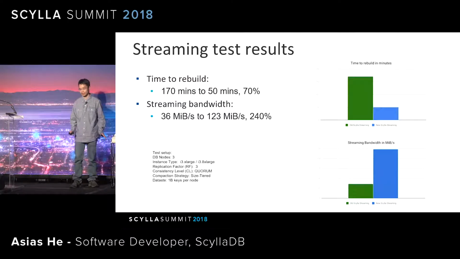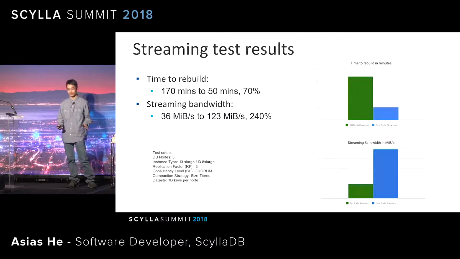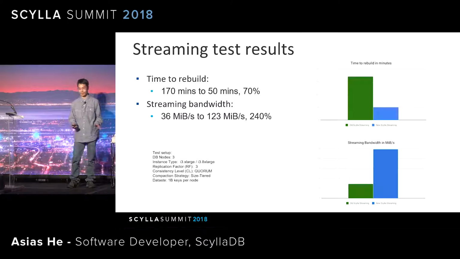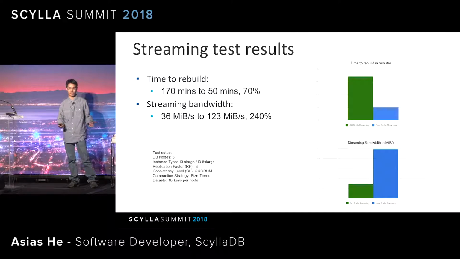Here are some test results. We ran the test on AWS S3. We tested the time to do the rebuild operation, which of course uses streaming under the hood. By the way, this will also improve the time to add a node, which we just heard about in the talk from Grab.